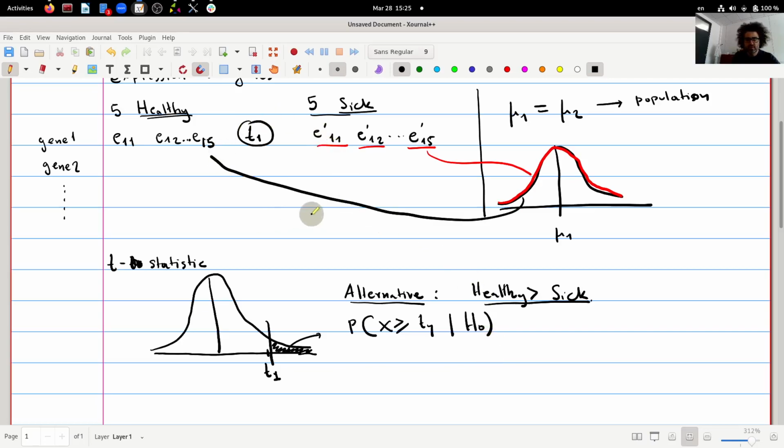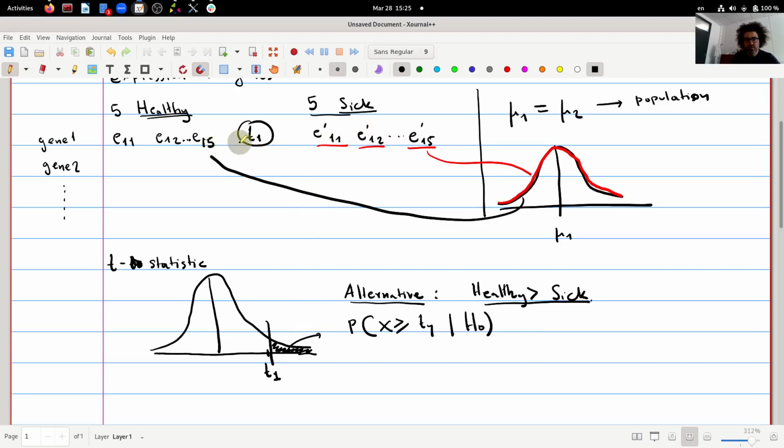Now, in this case here, the null hypothesis holds. The null hypothesis is correct because we said that we use genes that come in fact from the same distribution in these two populations.